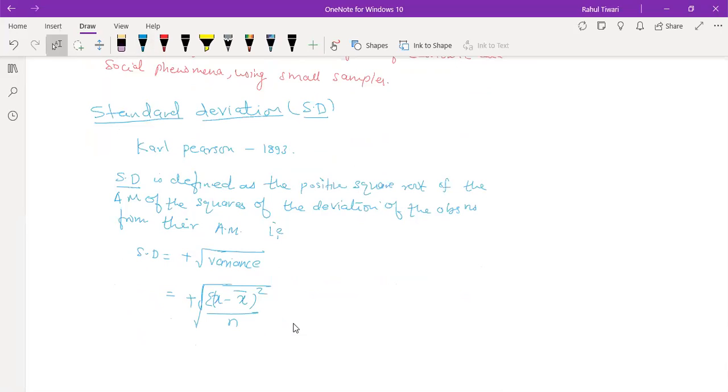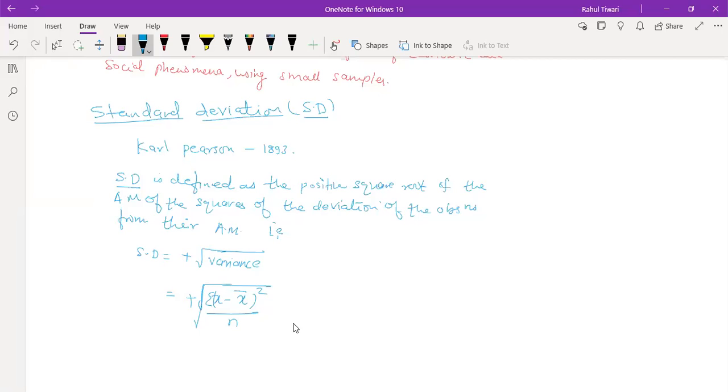Okay. So when I take the difference from the mean and square it and take their sum divided by n, I get the variance. And if I take the positive square root, I will get the standard deviation.